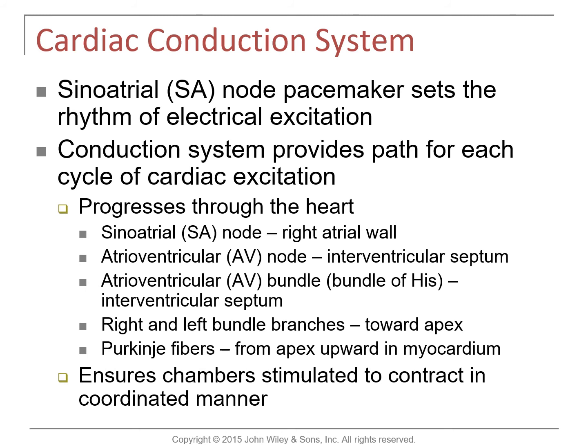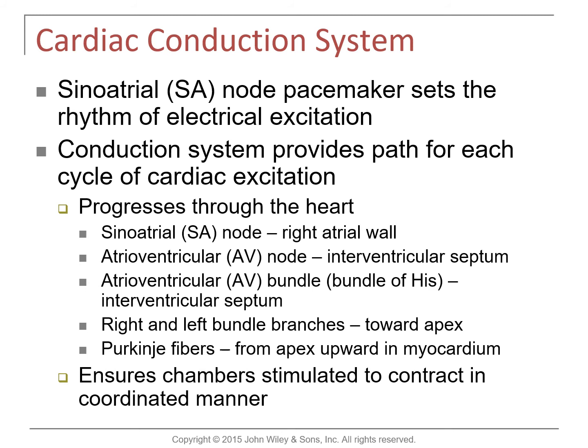From here, the electrical signal or the action potential wave will pass into the right and left bundle branches, which are located in the interventricular septum, and move towards the apex of the heart. From the apex of the heart, the signal will then pass into the Purkinje fibers, which branch from the apex upward into the myocardium of the ventricles.